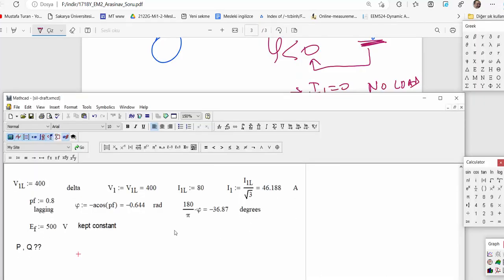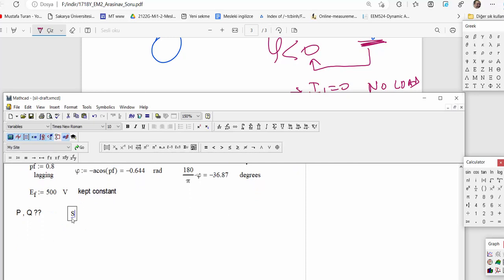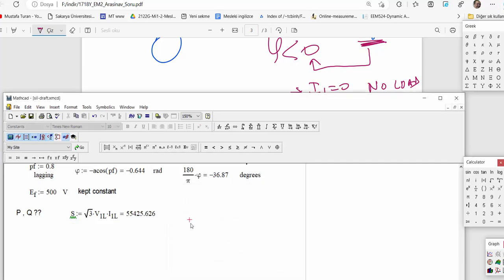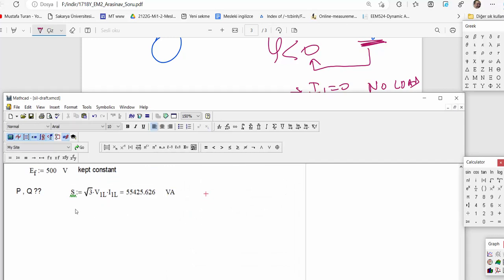Let's do it. Apparent power for three-phase circuitry is equal to root 3 times line to line voltage times line current given in the question. Every parameter is known, so the result is this in terms of volt amperes.